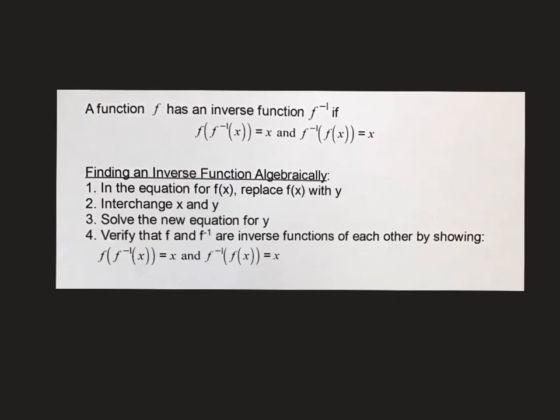To find an inverse function, you're going to take your equation for f of x and replace f of x with y. You're then going to switch x and y in the equation and solve the equation for y. If you're asked to verify, you'll verify that they're inverses of each other by showing the two compositions both equal x. So in 6 and 7, we're just finding inverse functions.